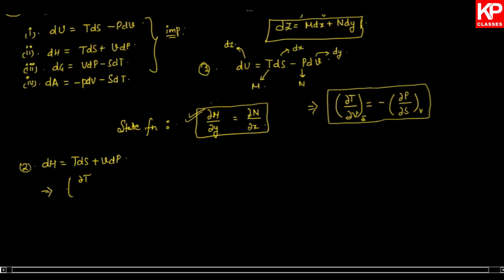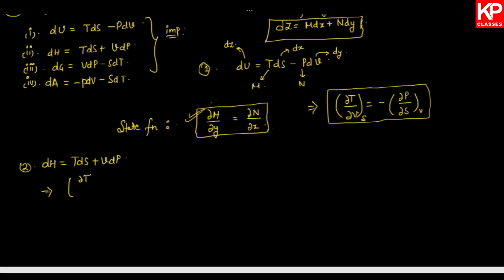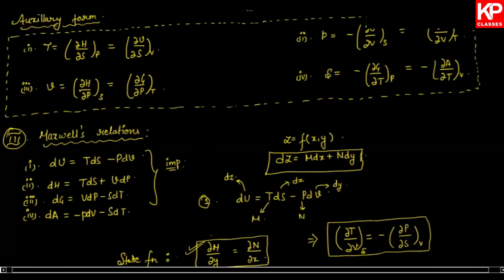For dG also, I thought I had written a wrong equation: VdP minus SdT. What did I write wrong in dG? I think dG is correct, right? VdP minus SdT.